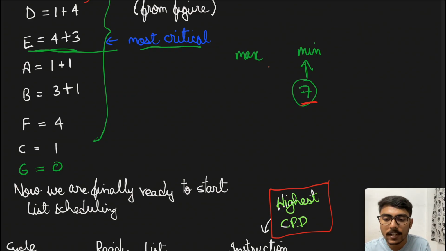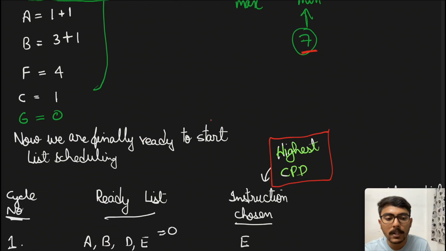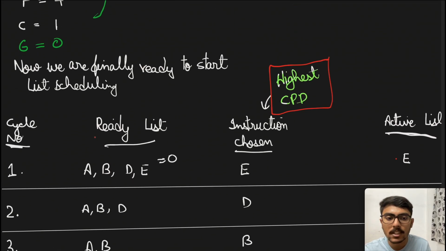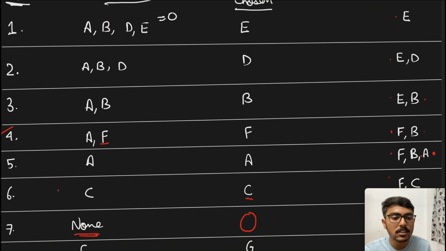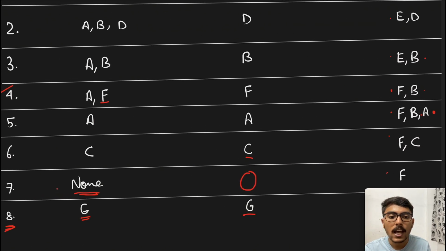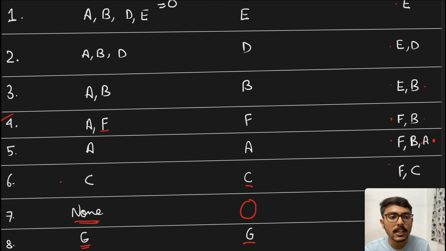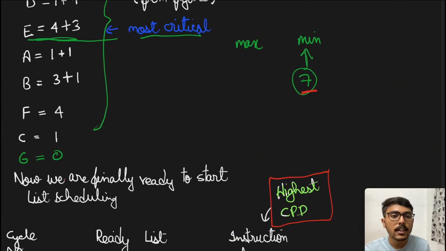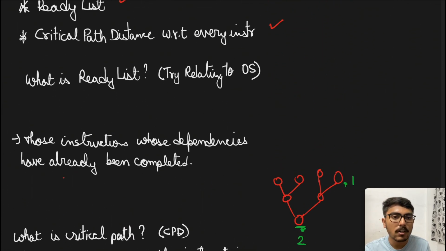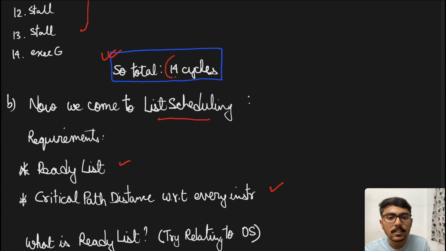We will obviously take more cycles because there are other instructions as well, and we need to optimize this using these lists, ready list, instruction chosen, and active list, in order to reduce the number of cycles. As you might remember, when we did the first part, it took us around 14 cycles, right?